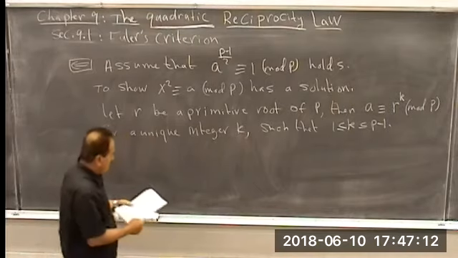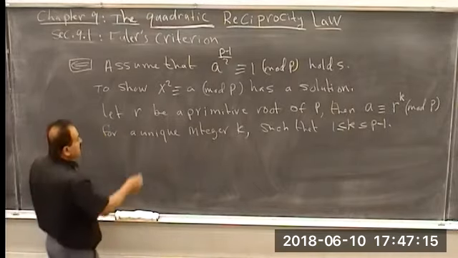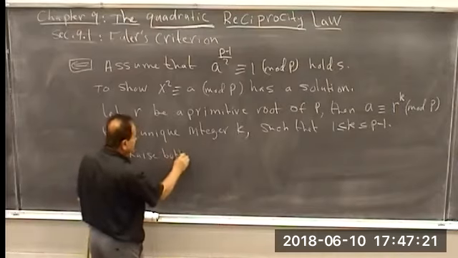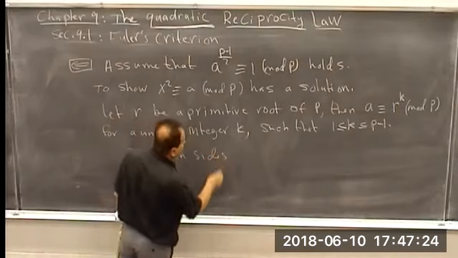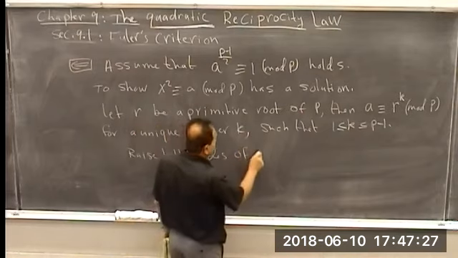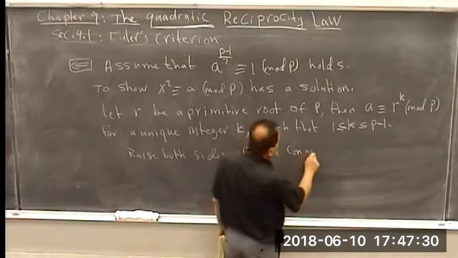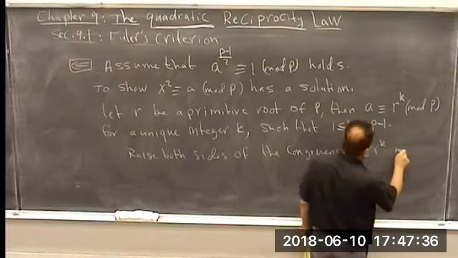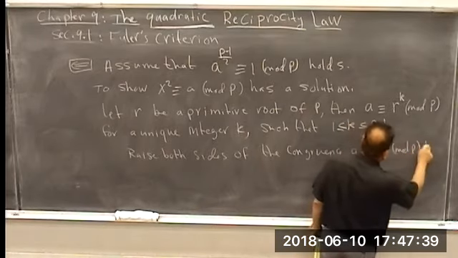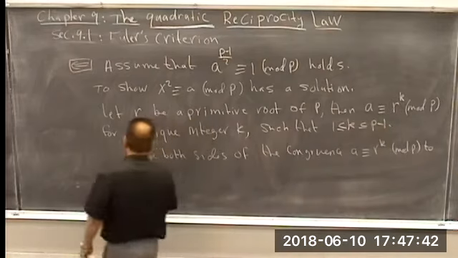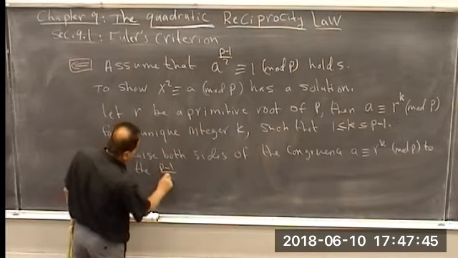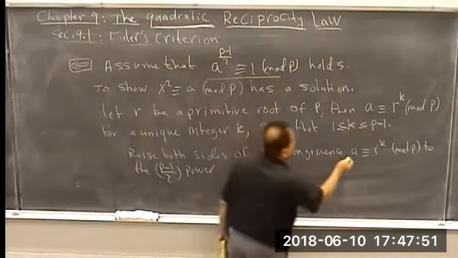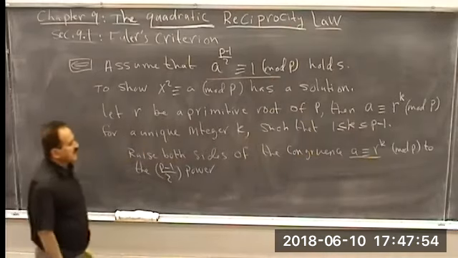Now, let's raise both sides of the congruence A congruent to R to the K mod P to the P minus 1 over 2 power. So we want to bring this congruence together with this to build something that we can work with.